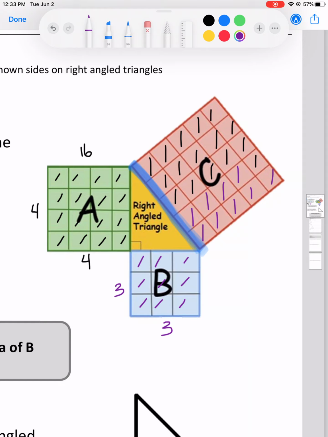That fits perfectly, meaning the sum of this and this put together, 16 plus 9, gives us 25, which is the number of tiles there.